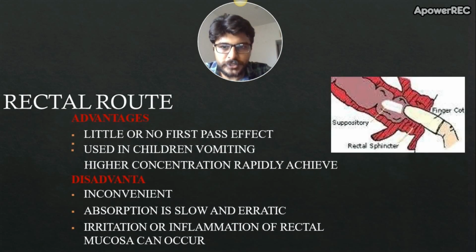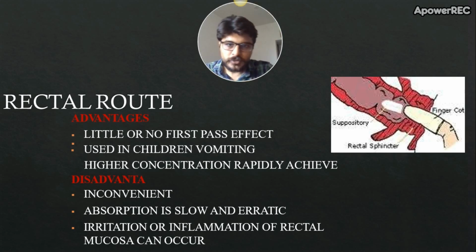Moving on, rectal route. There are advantages and disadvantages of the rectal route. We already know what the rectal route is, right? The drug is given via the alimentary canal. At the end of the alimentary canal there is the rectum, and via the rectum these drugs are administered. The advantages are little or no first pass effect, and it is used in children due to vomiting.